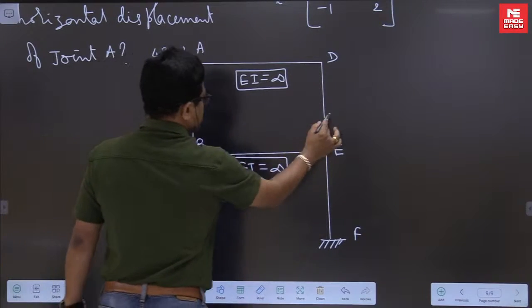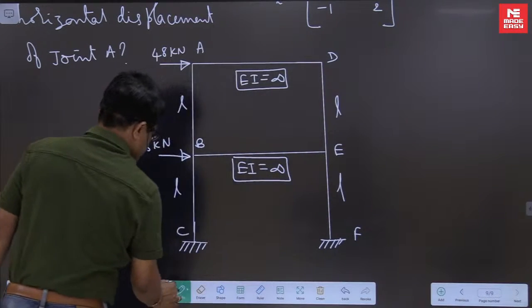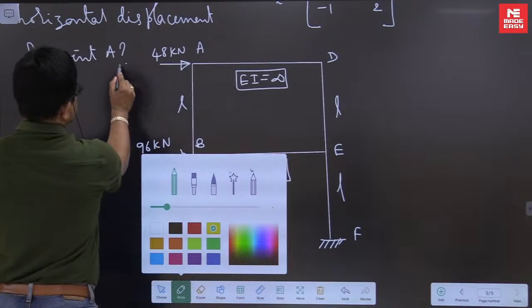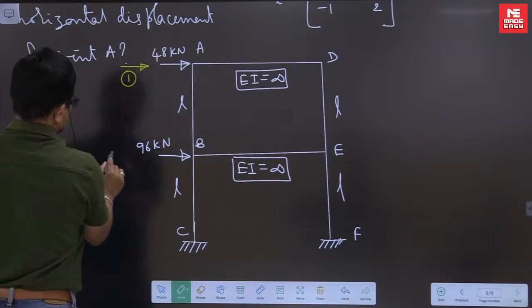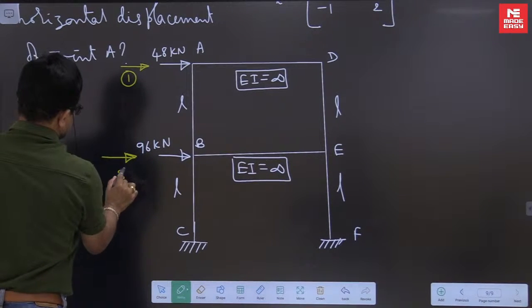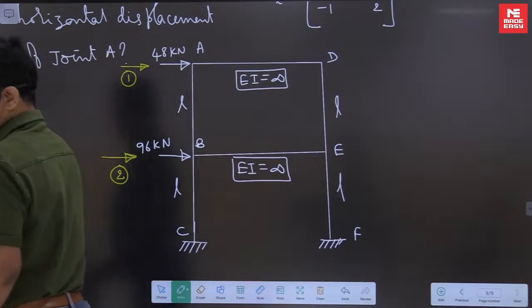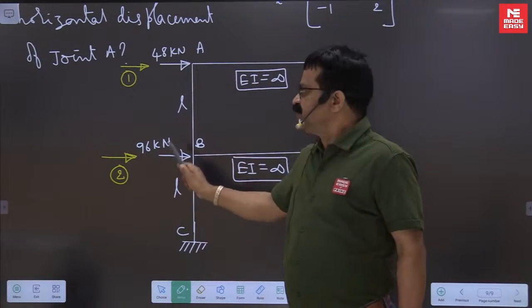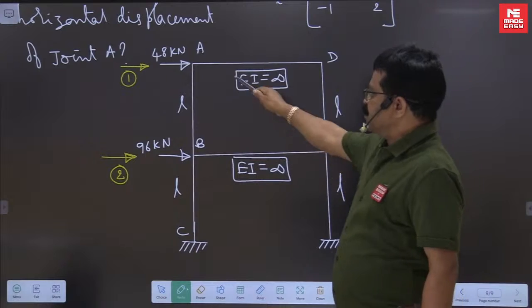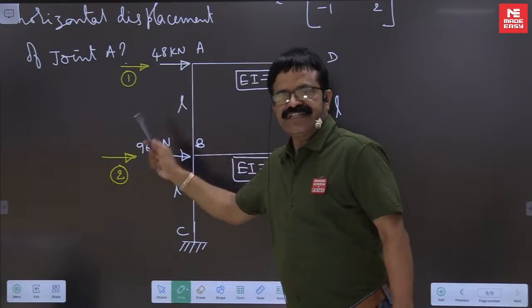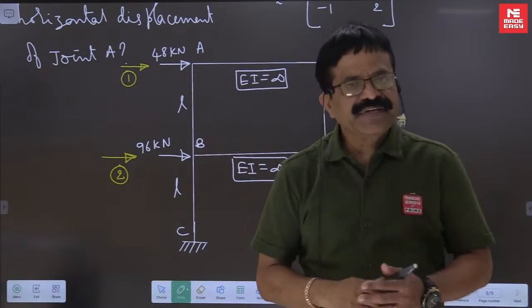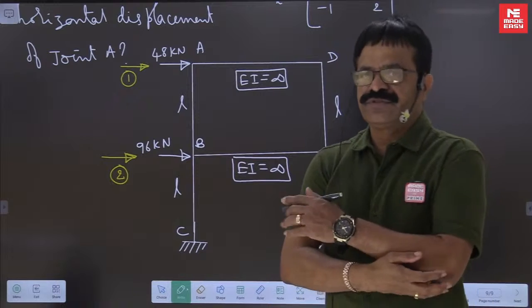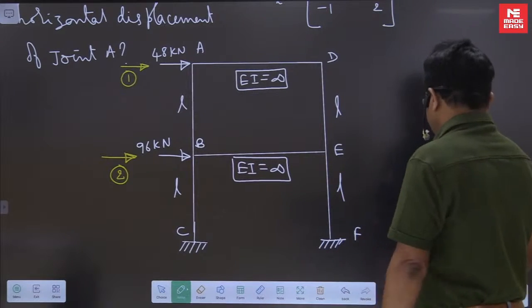Lengths of these members are L and L. This is coordinate 1, coordinate 2. So these coordinate numbers they will give, loads they will give, EA infinity corresponding to these coordinates, stiffness matrix also they will give us, because you have only 1 minute time to solve the problems.